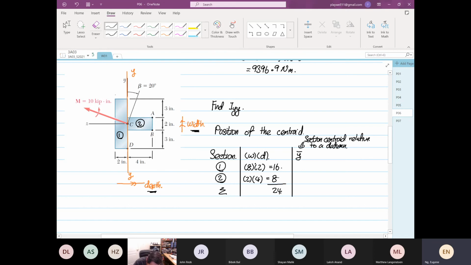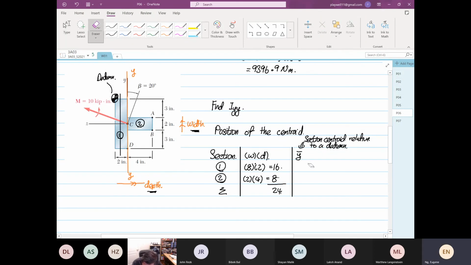Okay, so I'm going to put my datum over here. So the individual centroid, right, is here.